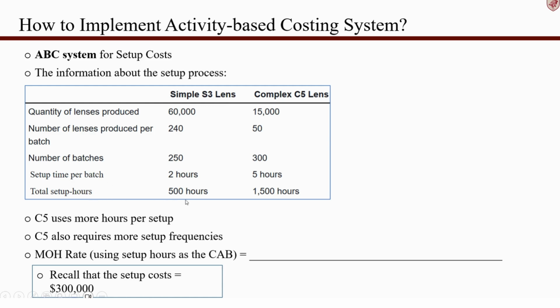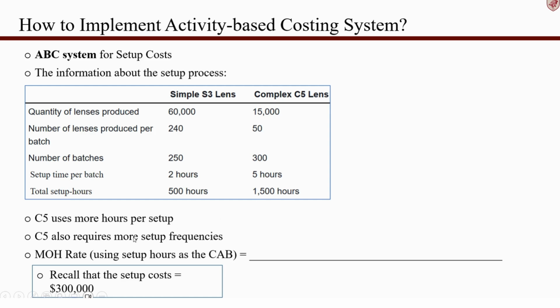So the total setup hour is going to be 500 hours. Whereas for the complex lens, the number of batches is going to be 300 with the setup time per batch being 5 hours. So the total setup hour is going to be 1500 hours.